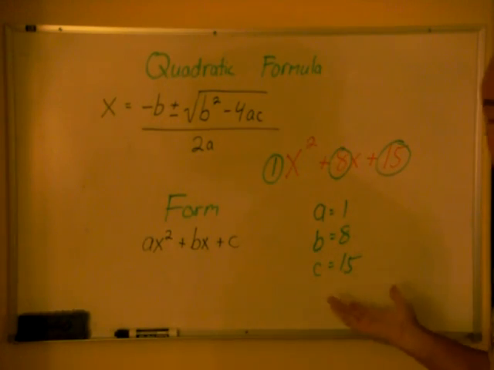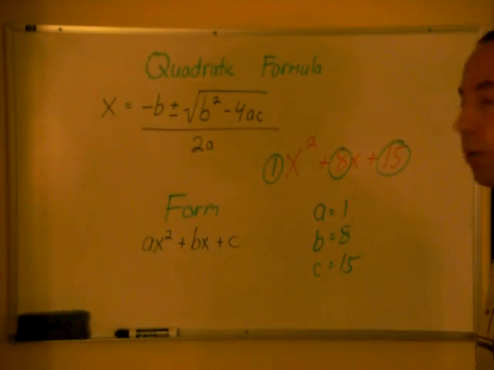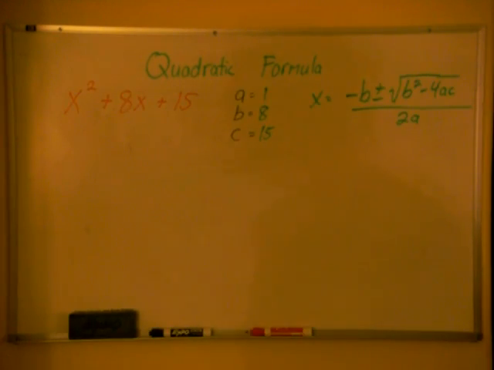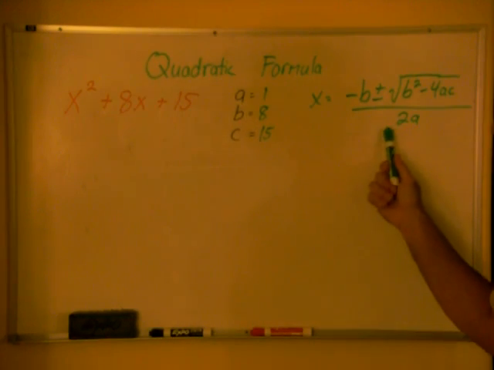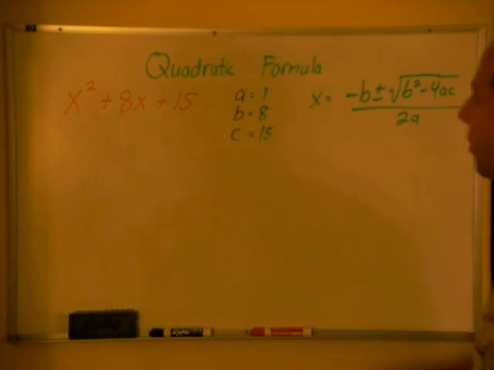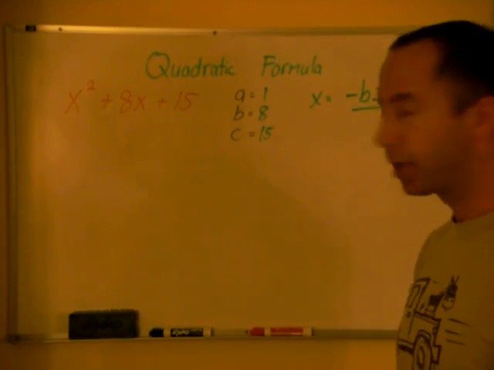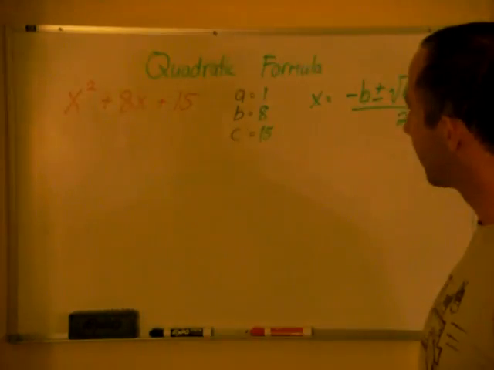And then what we do is we simply plug that into the formula, which I'm about to show you broken down. Okay, so I've rewritten this to allow us a little bit more room. Here's the formula: negative b plus or minus the square root of b squared minus 4ac over 2a. We're simply now going to plug these numbers into that formula.